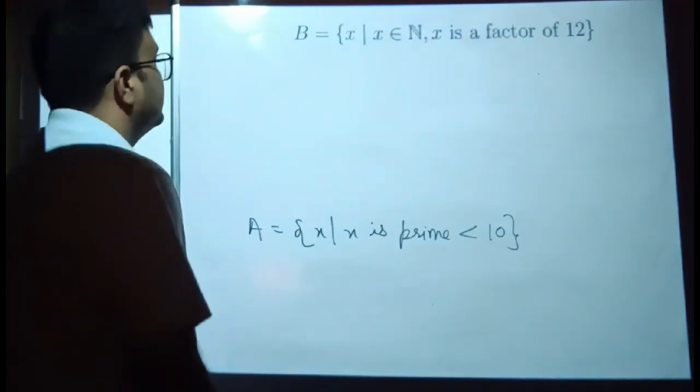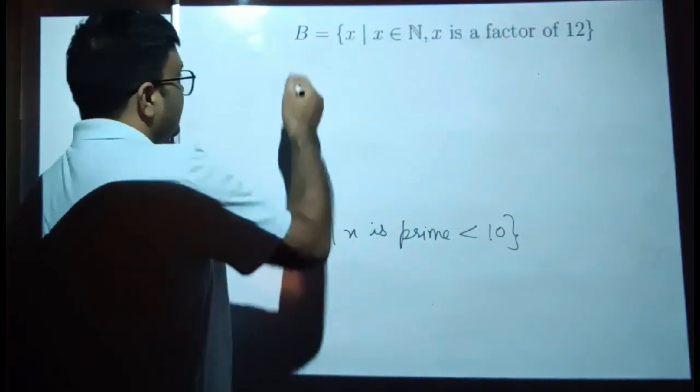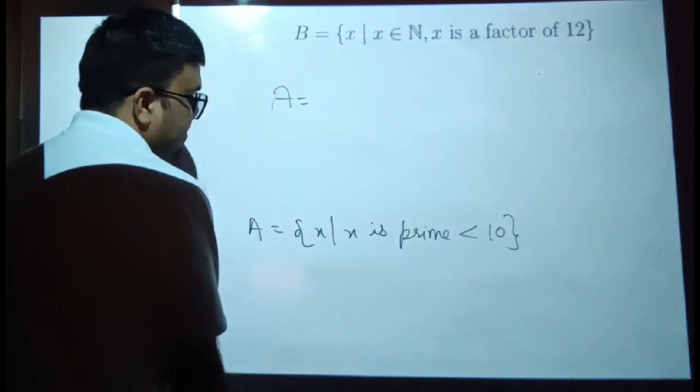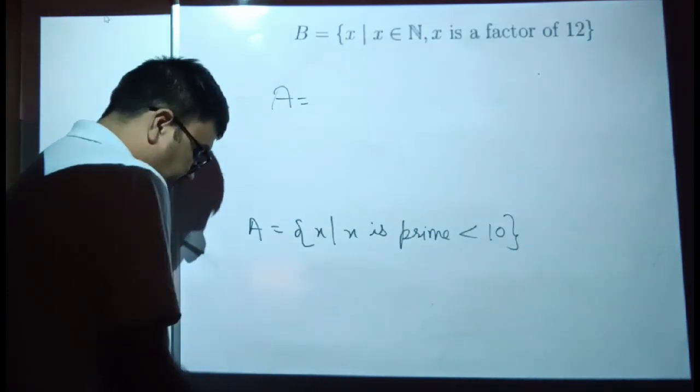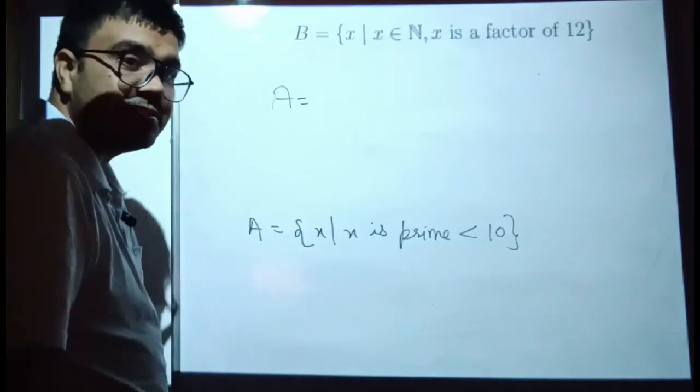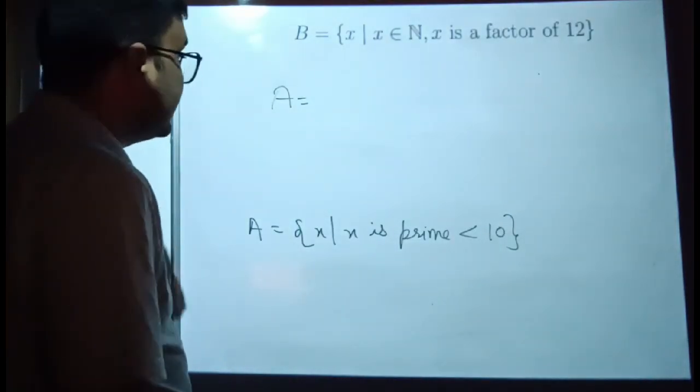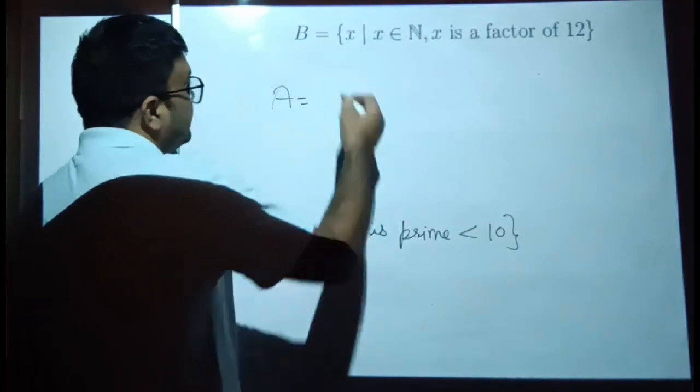So let us list the elements. For set A, X is a prime and it is less than 10. What is the first prime number? It is 2. One is neither prime nor composite.